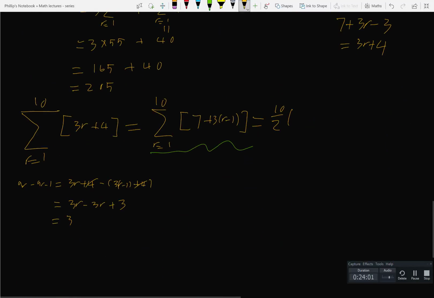The first term is 7, and the last term is 3 times 10 plus 4, so 34. So we've got 10 over 2, which is 5, times 34 plus 7, which is 41. 41 times 5 is 410 divided by 2, which is just 205.